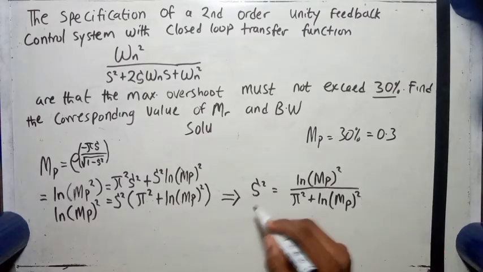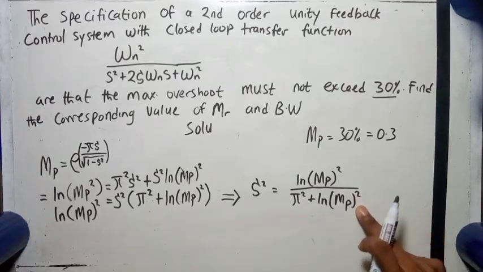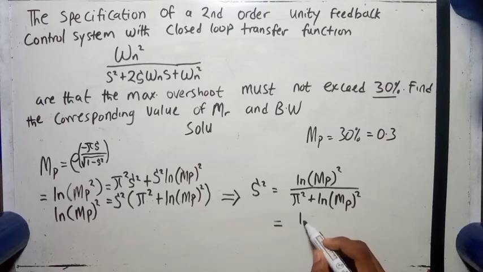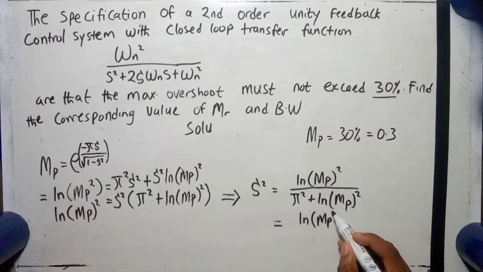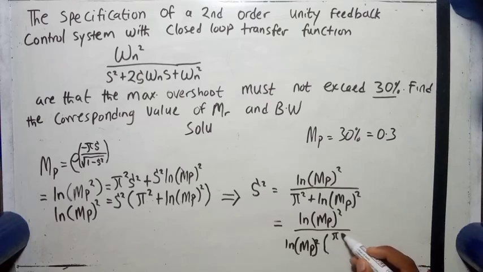Okay, before we do that, you can actually leave it like this if you want. I won't penalize you, or you can factor out your natural log so it will have this form. Natural log mp square on top, over natural log mp square multiplying pi square over natural log mp square plus 1.